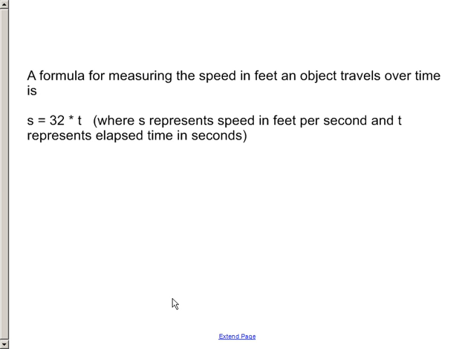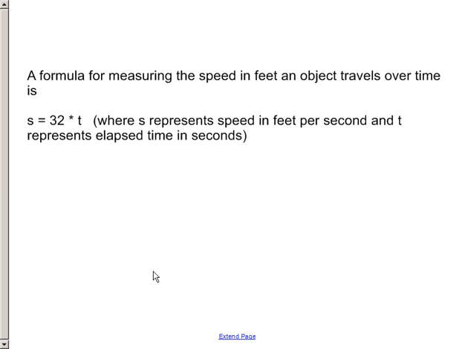Now, if I look at another formula, I'm going to get a different kind of line. And that's why we were looking at graphing and interpreting the kind of line we got. So we have a formula for measuring the speed in feet an object travels over time. We use the formula S for speed equals 32 times t.